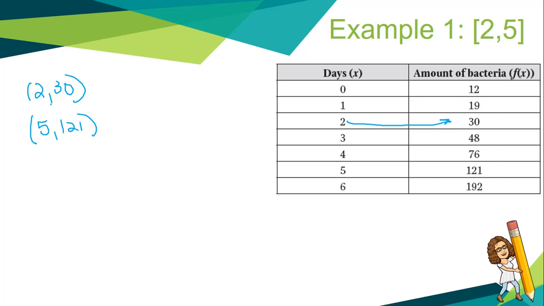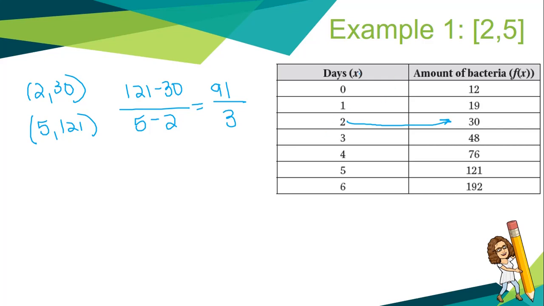So now I've got to find my rate of change between those two values. Let's set up our rate of change formula: difference of y's, change in y, over the change in x. That numerator is going to turn into 121 minus 30, which is 91. The denominator will be 3.